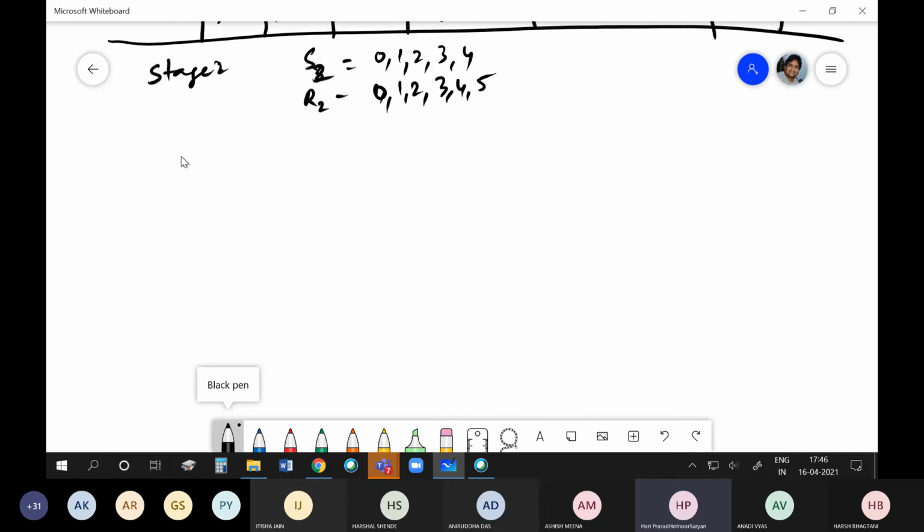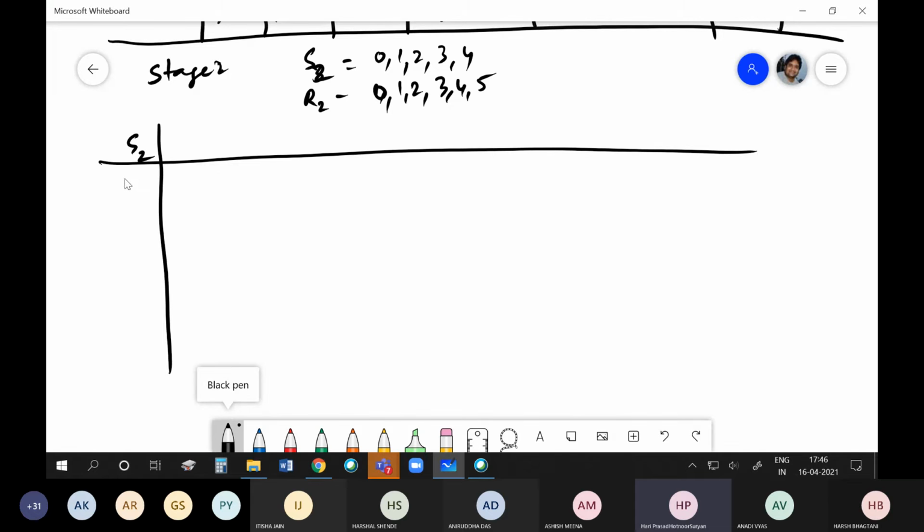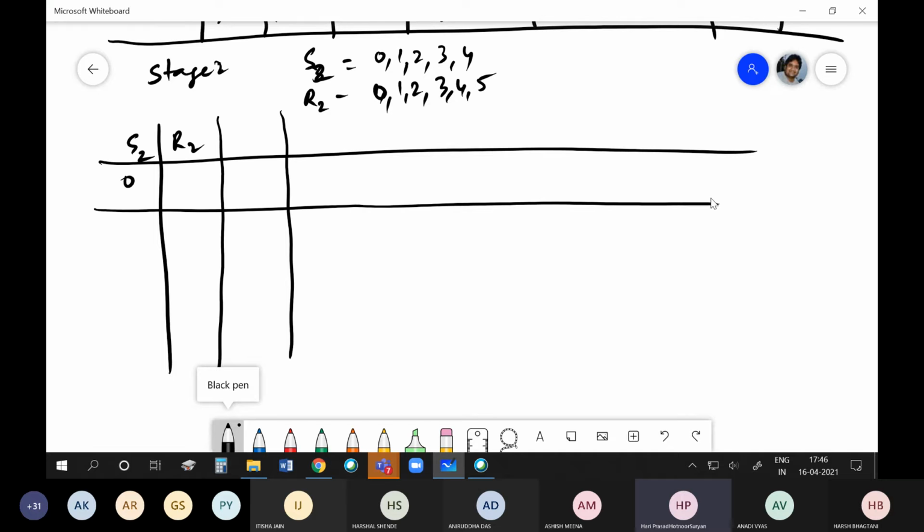So now let me write it for stage 2. That means basically S2. If S2 is 0, what are the possible values of R2, the release? There is 1 unit of inflow in season 2, so 0 and 1.